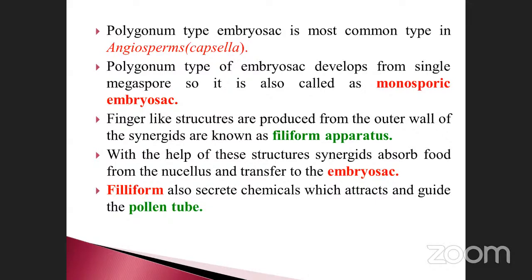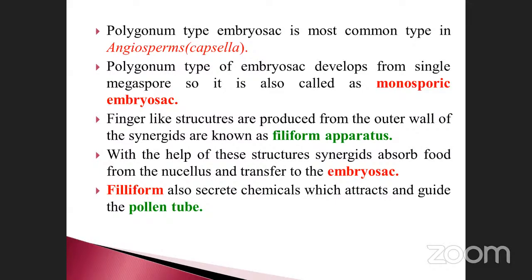Okay, then already discussed. Finger-like structures are produced from the outer wall of the synergids, known as the filiform apparatus. I told you the filiform apparatus allows the pollen tube to pass through the micropyle and reach the male gamete to the female gamete, otherwise called the egg.